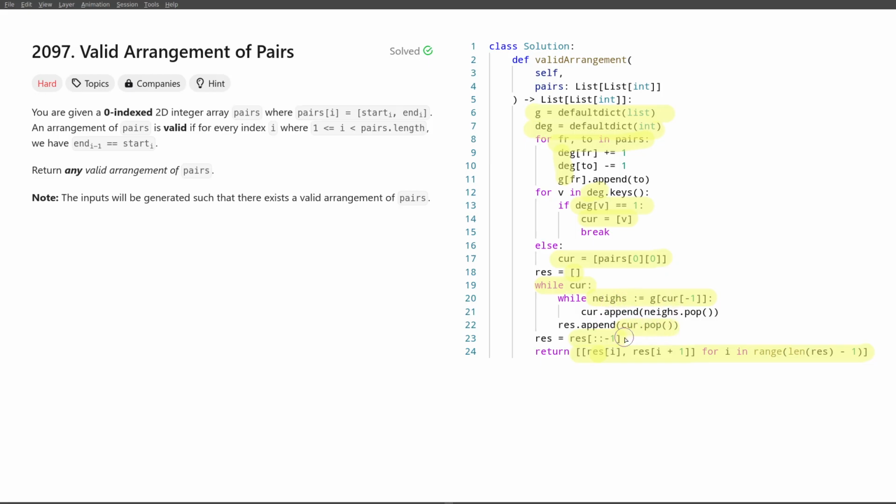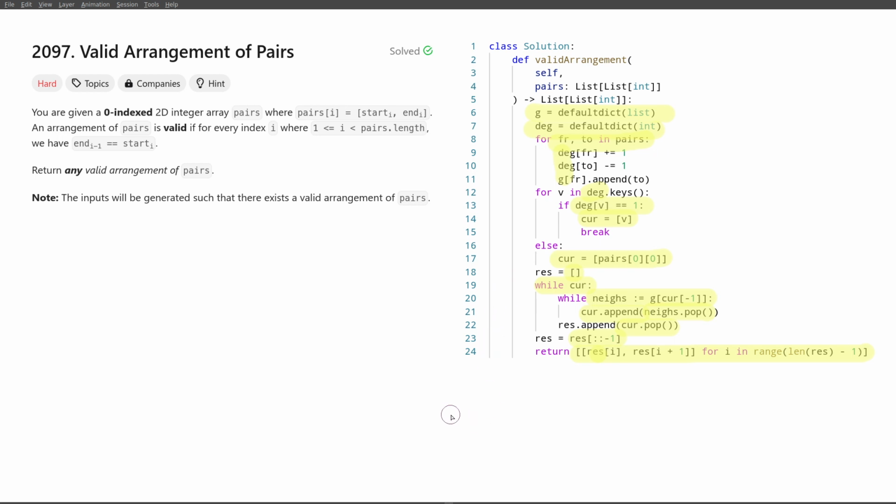Otherwise, we take the neighbor of our last vertex on our tour, we take that neighbor and we push it into the current list of vertices that we're looking at. So this is essentially the implementation of that idea of branching out and doing auxiliary cycles and joining them into one big cycle.